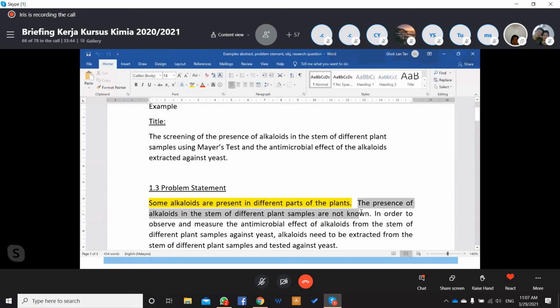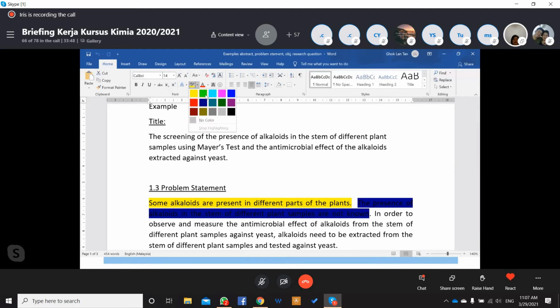The second statement, let's say I use green. The presence of alkaloids in the stem of different plant sample are not known. So that means this is more focused. They or she or this group only want to know dalam bahagian stem. The stem, the batang.